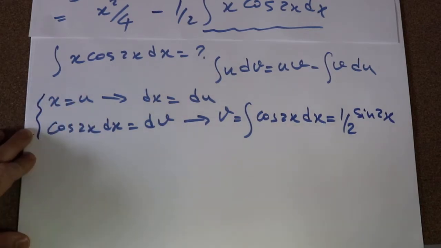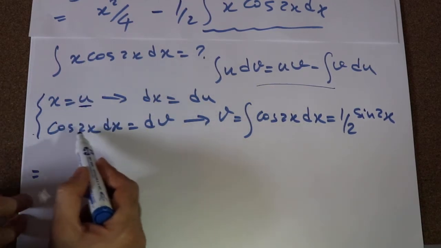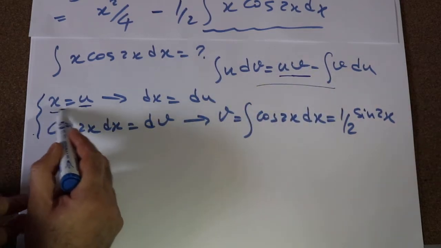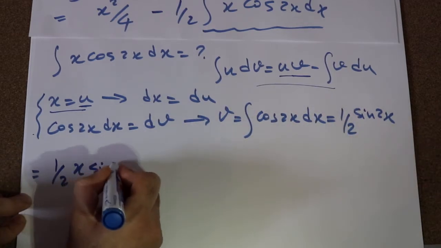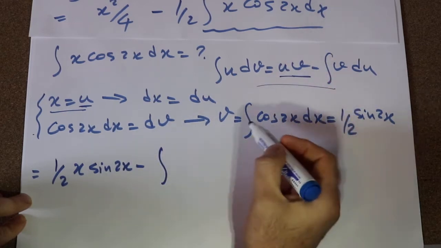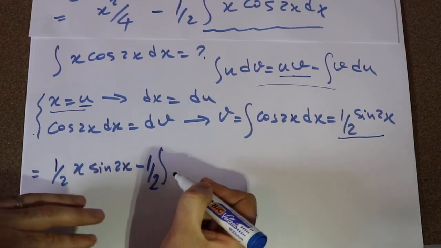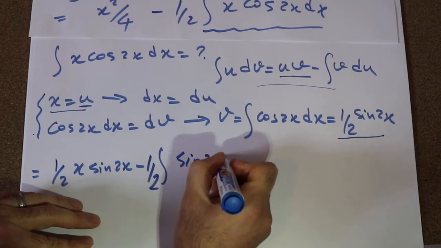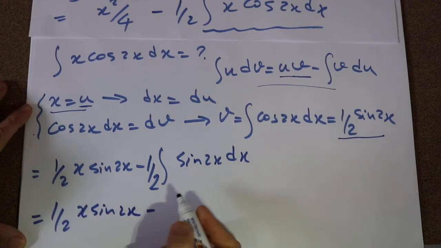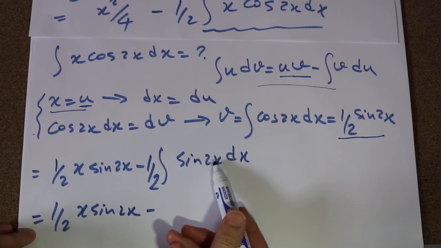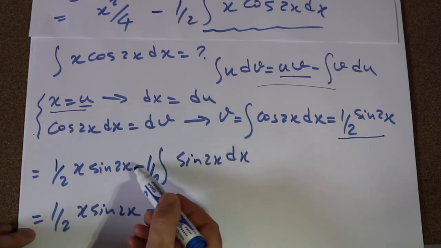Okay, so now you need to substitute these expressions into this formula. Therefore this integral will be equal to uv, that is u is x, v is this one, therefore u times v will be equal to 1 divided by 2 x sine 2x, that is uv, minus the integral of v, that is this term, du, and du is dx basically, and 1 divided by 2 is a constant, I take it out of the integral of sine 2x dx, which will be equal to 1 divided by 2 x sine 2x minus the integral of sine 2x dx, which is equal to minus 1 divided by 2 times cosine 2x, and minus times minus will be plus.